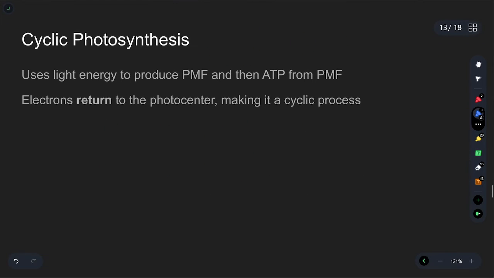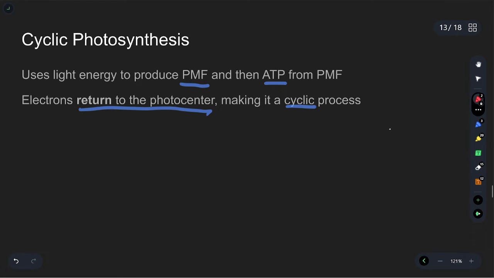In cyclic photosynthesis, we're using light energy to produce proton motive force and then ATP from proton motive force. In cyclic photosynthesis, those electrons return to the photocenter, making it cyclic.